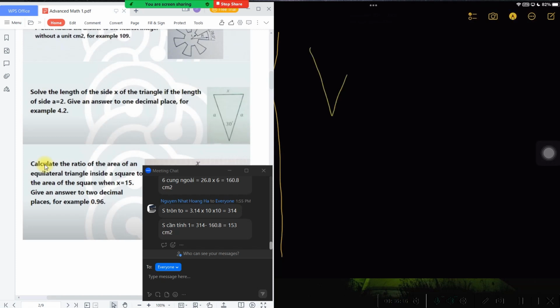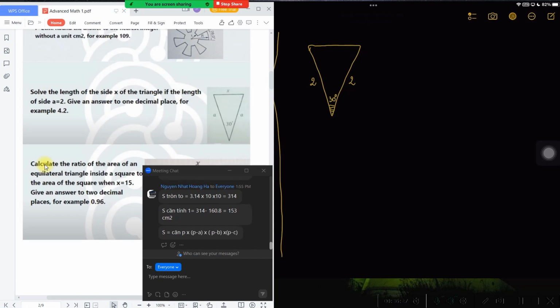So this is 30. This is A, it's 2. This is 2. So it means that this triangle is isosceles.